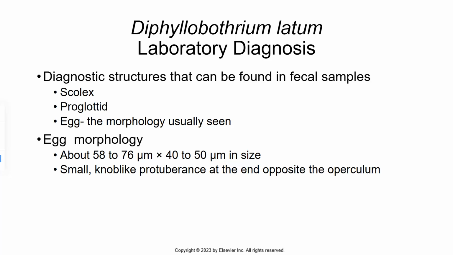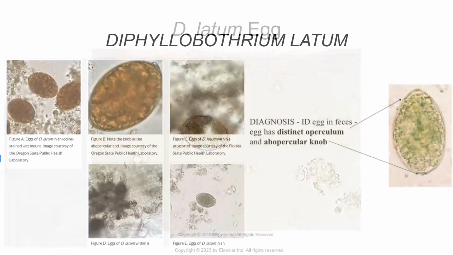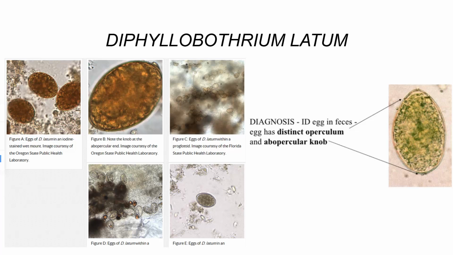Egg morphology: it says the size, with a small knob-like protuberance at the end opposite of the operculum. So I just want to skip ahead to this picture. So the distinct operculum, let's see that here, and then there's the abopercular knob. You can see a little knob sticking out of the bottom part of the egg.